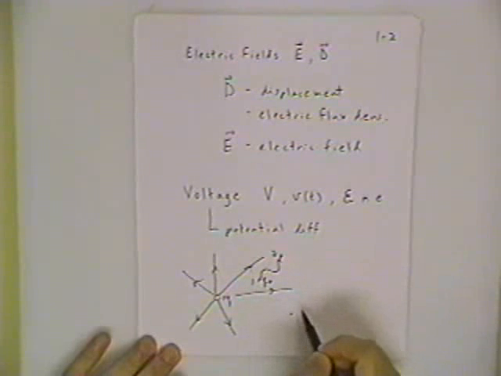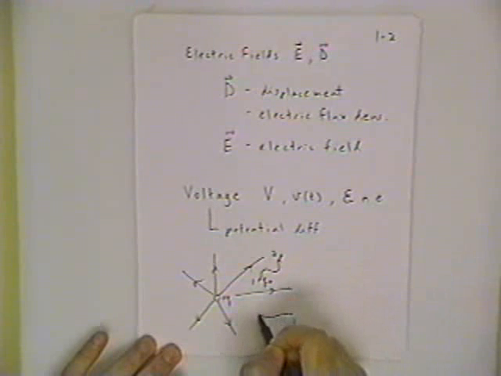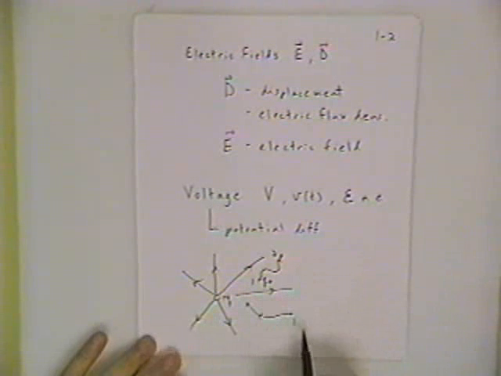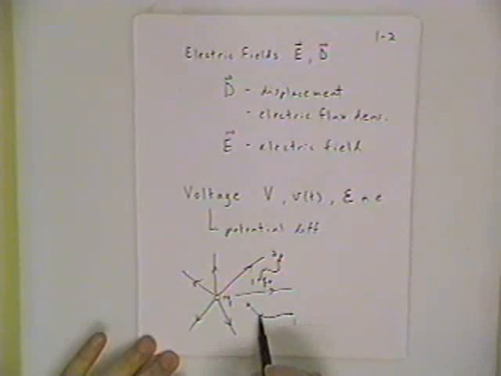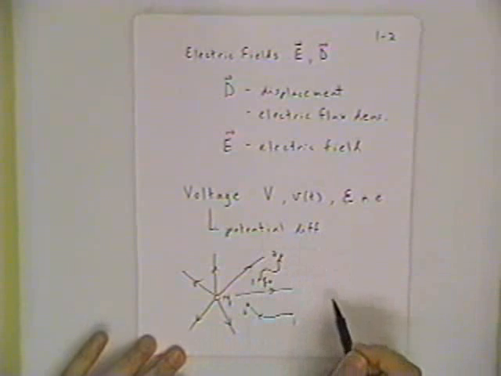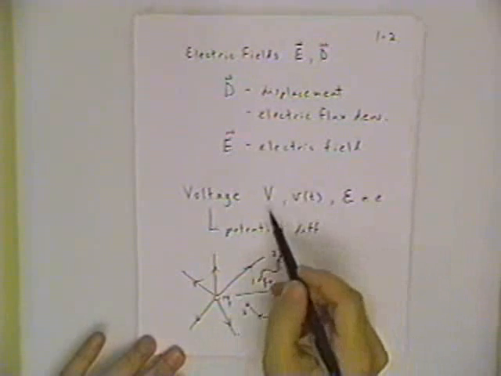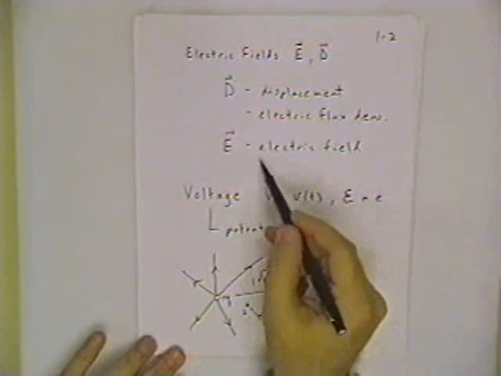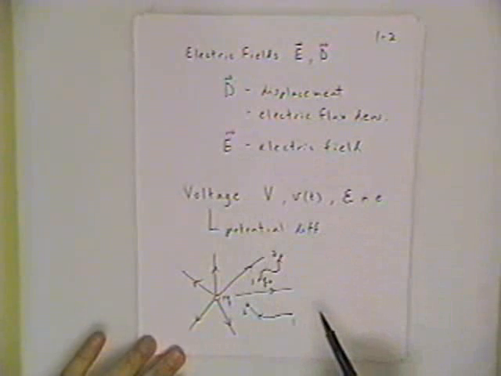Now if we reverse that and say position 1 is here and we want to move along some pathway to get to position 2, which is closer, we have to work against the field to go from potential 1 to potential 2. And that's where the idea of potential difference comes in. It's a real nice way of bypassing all of the detailed theory and the mathematics of the electric field.